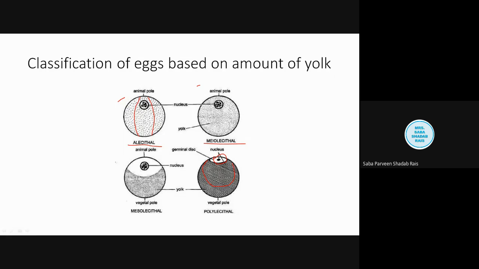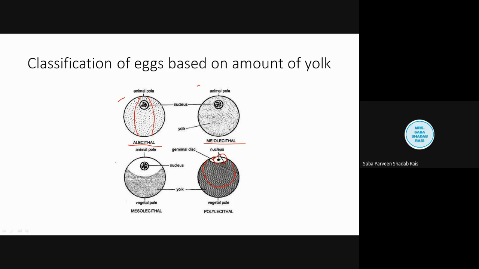Lactation happens; these animals are called mammals. So one category of mammal is the egg laying mammal. What are the examples of egg laying mammals? Duck billed platypus and anteater. These are the two examples of egg laying mammals. So the egg laying mammal will also show this type of egg. So we have three examples of macrolecithal egg: reptile, bird, and mammal.